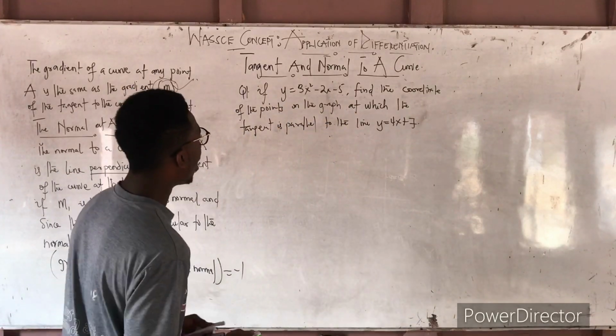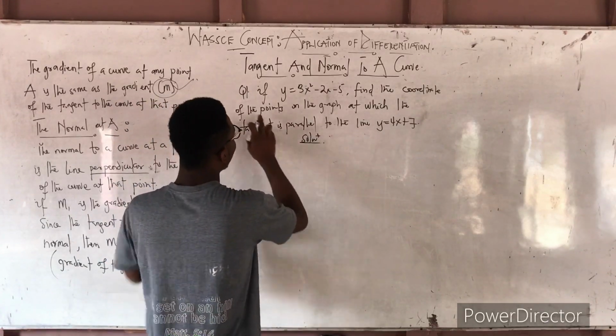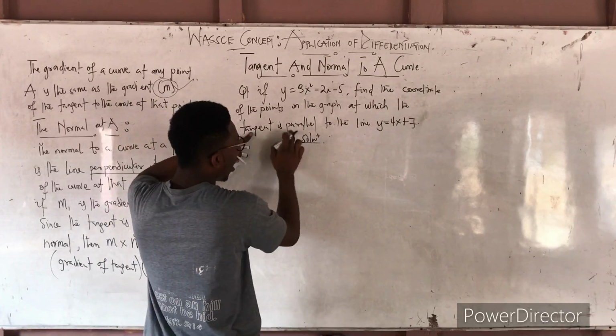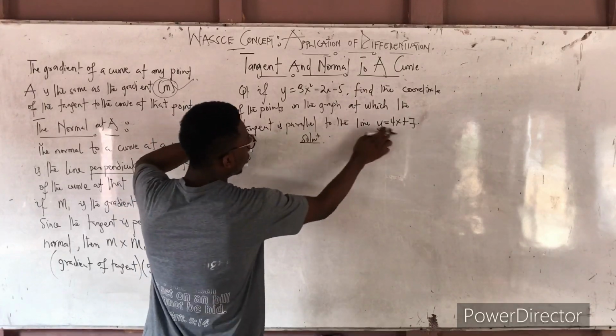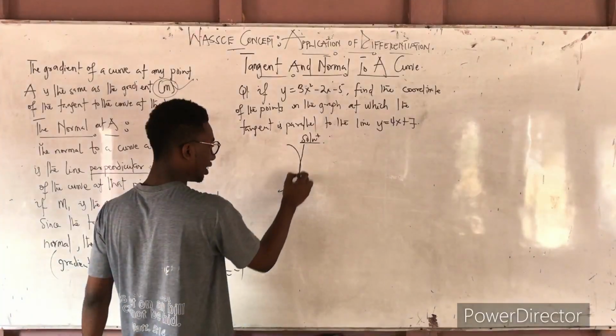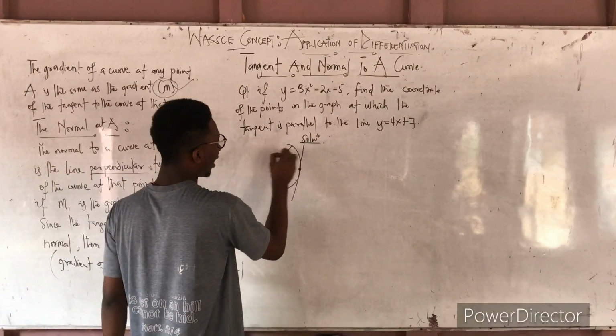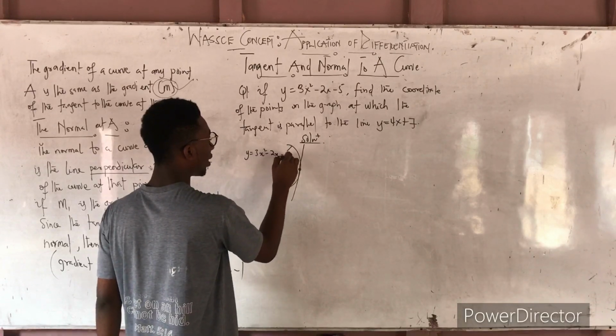Okay, so what we have to find now is the point at which the tangent is parallel. So the line of the tangent is parallel to this one. So this is the curve, and there's a tangent to the curve, and the curve equation is 3x squared minus 2x minus 5.